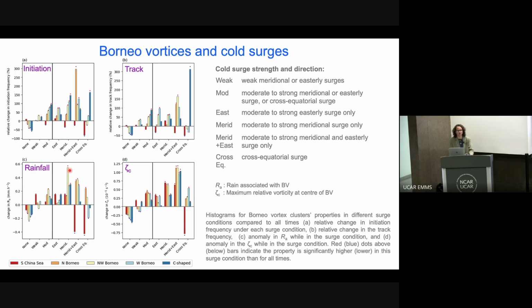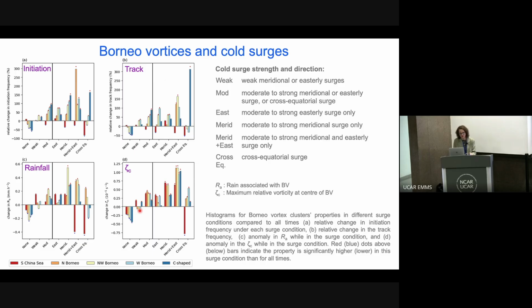The cold surges are also modulating the rainfall associated with the Borneo vortices, and it's negative for all the vortices under no surge conditions. And again, the stronger the cold surge, the larger the impact on the rainfall. And you can see here a maximum for meridional easterly surges for the northwestern Borneo vortices again.